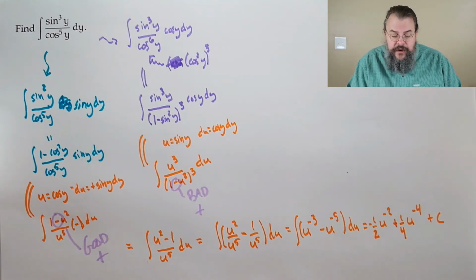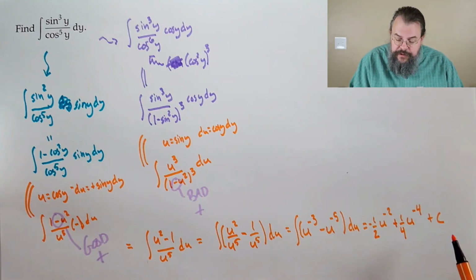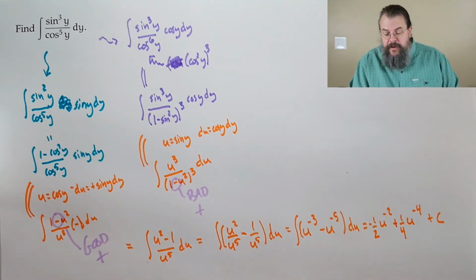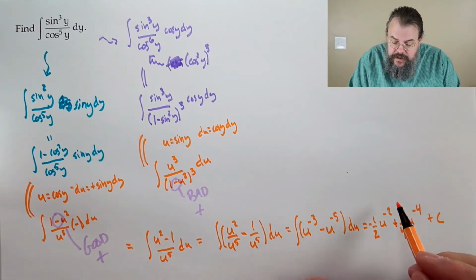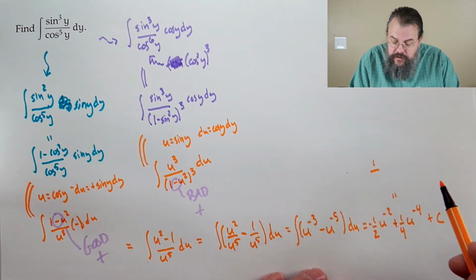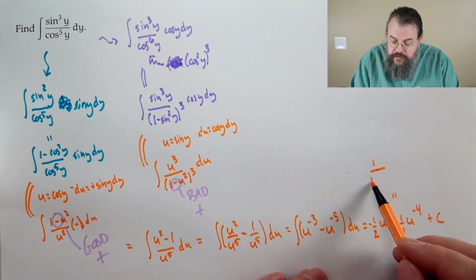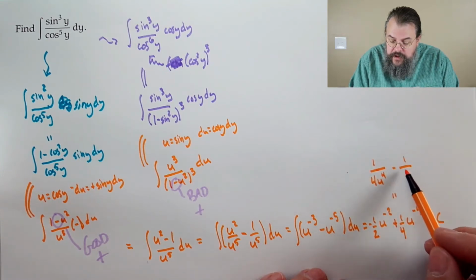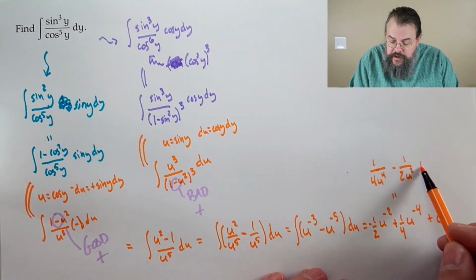The only thing left to do is to ask, what was our substitution? This was the cosine. So, one more step. This is 1 over 4u to the 4th, minus 1 over 2u squared.